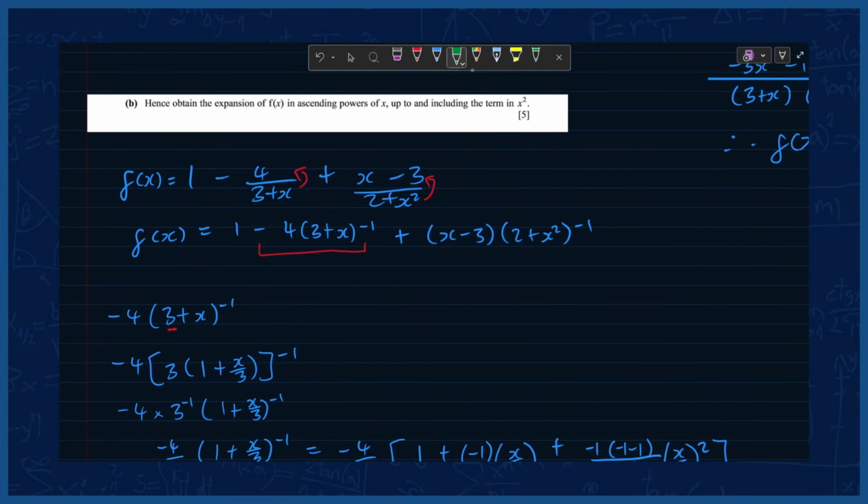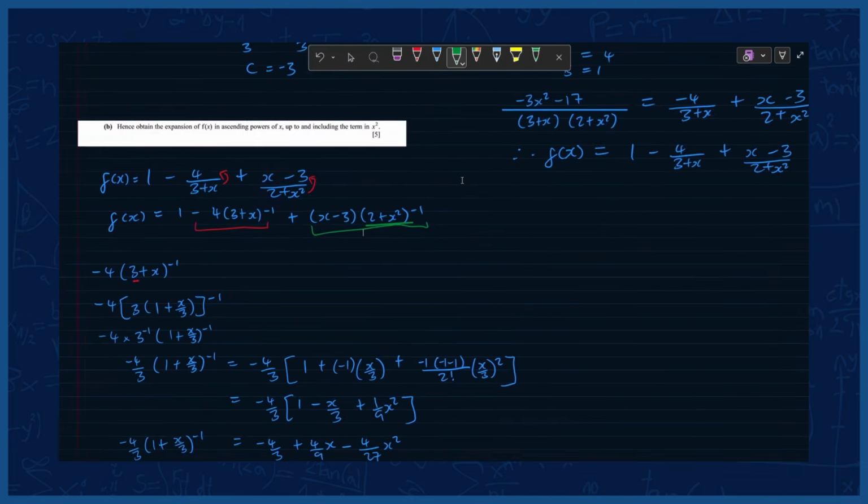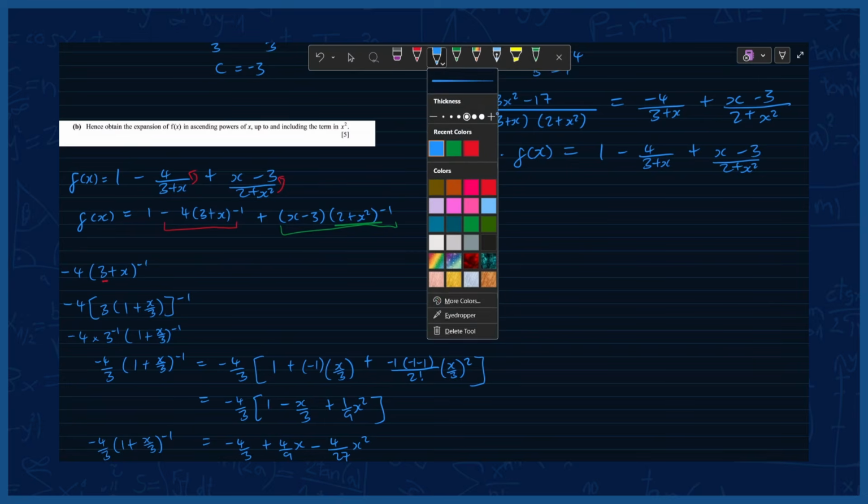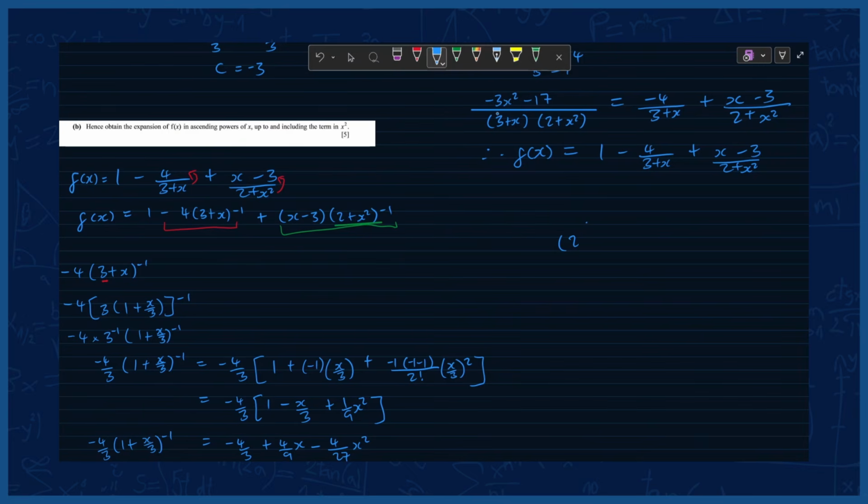Now for this part here, what we have to do is we first have to expand the (2 plus x squared) to the negative 1. Then once we expand it, we then multiply by the (x minus 3) bracket. Okay, so let's do that on the side. So I want to do the expansion of (2 plus x squared) to the negative 1.